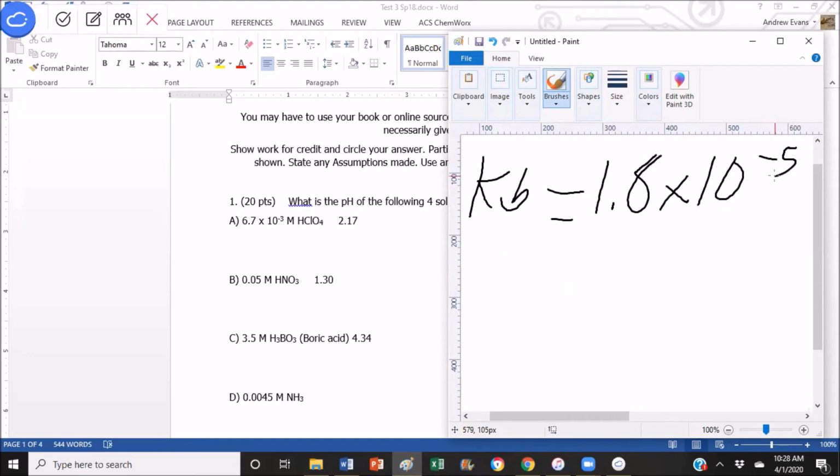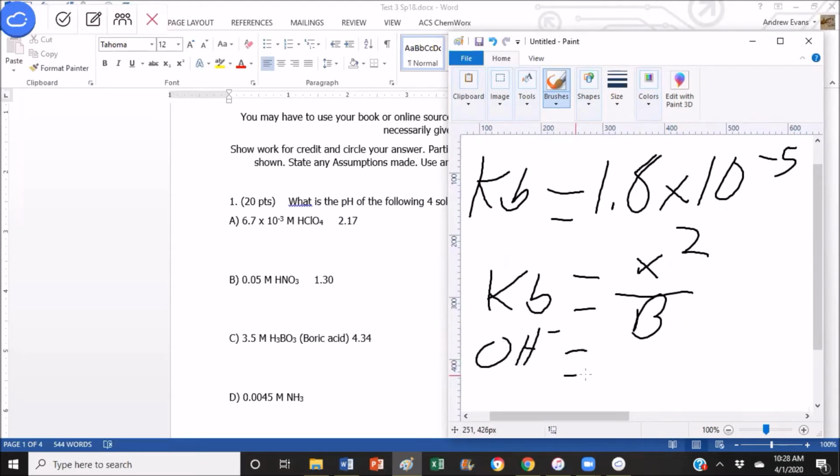Now, you still get the same expression: Kb equals x squared over the base, where x is our OH. So OH minus is equal to the square root of our base times our Kb.